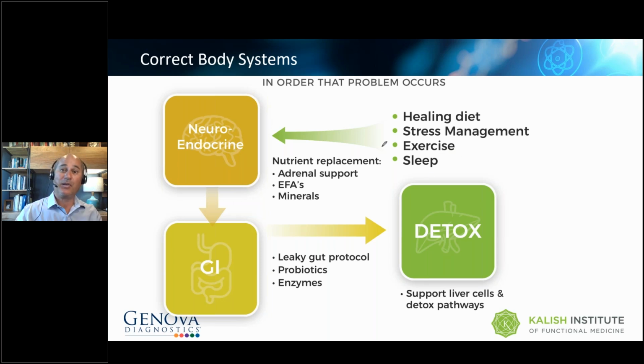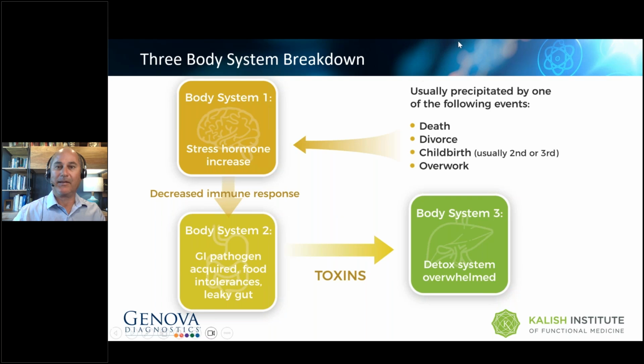And these problems accumulate and end up causing some kind of HPA axis or adrenal problem. So you're going to see that a lot. Eventually, if the adrenals collapse for long enough, you start to have immune issues and GI problems, and it goes from there. But it's going to be rare that a person with a health complaint has perfect adrenal hormones. I mean, it happens, but not that often.